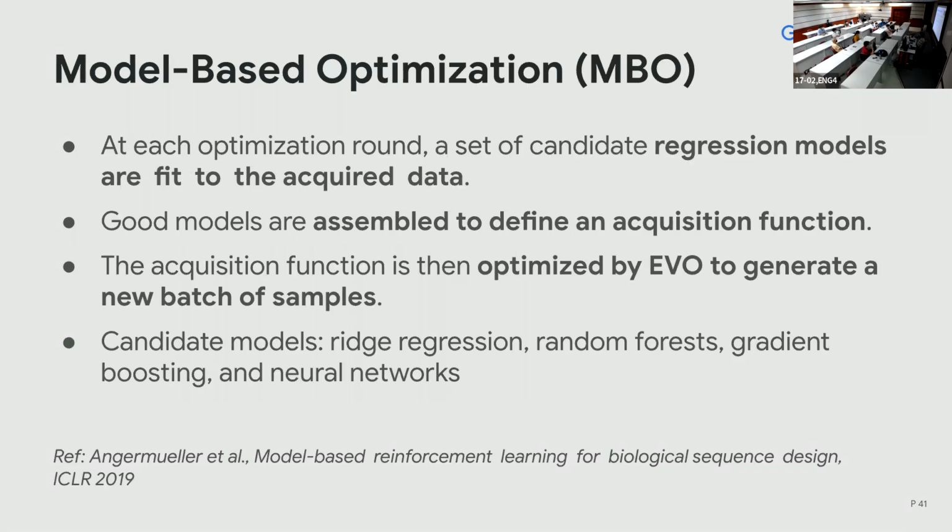Model-based optimization is actually a collection of different regression models to fit the data. These models, we consider ridge regression, random forest, gradient boosting, and neural network. And the good regression models, we assemble them to define an acquisition function, and the acquisition function is then used to optimize the evolutionary agent to generate a new batch of samples.